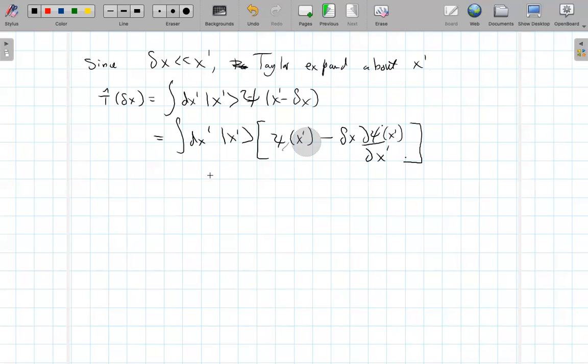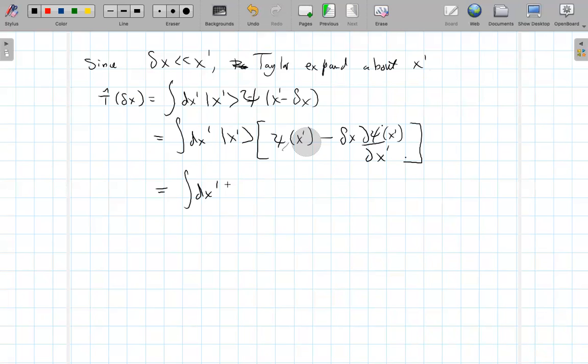Okay, guys doing okay? So this is then equal to the integral dx prime. Now this term has a psi here, and this also has a psi here, so let's go ahead and factor out the psi. I'm just going to rewrite this.